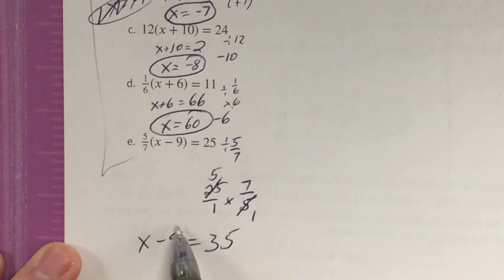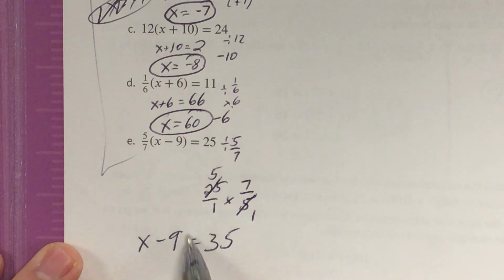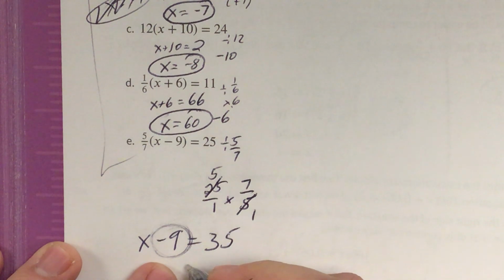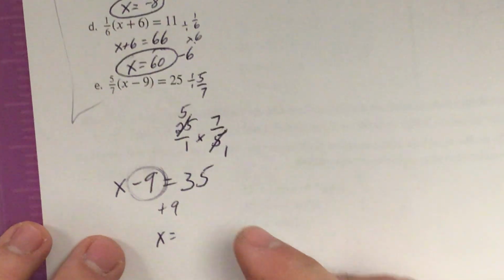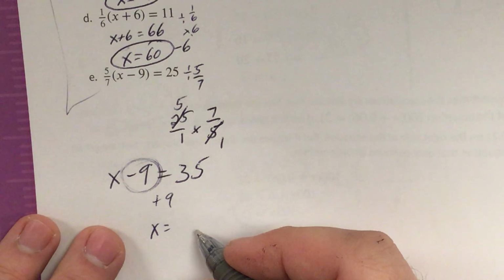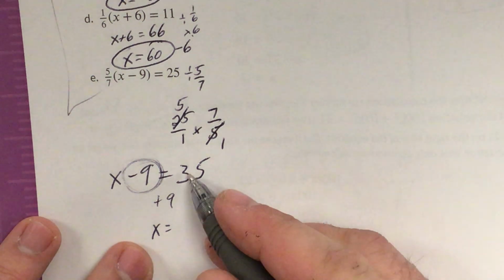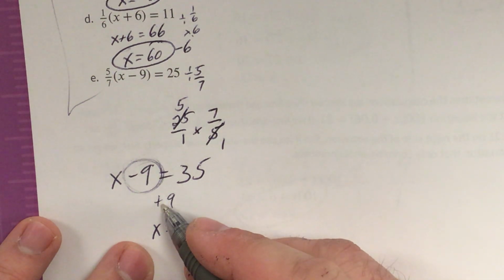Opposite. Oh, divide. Yeah, plus, right? 'Cause it's plus 9. Right? 40. Oh, 44. 44.